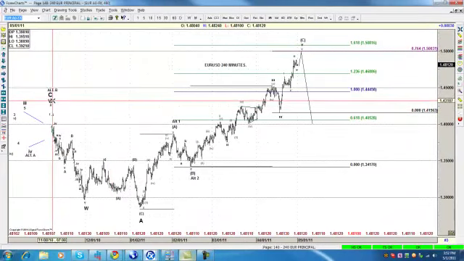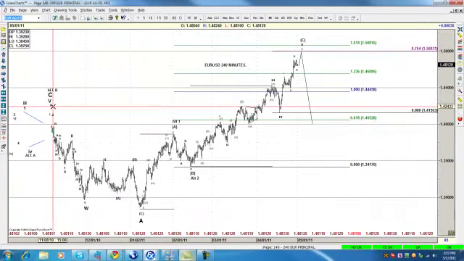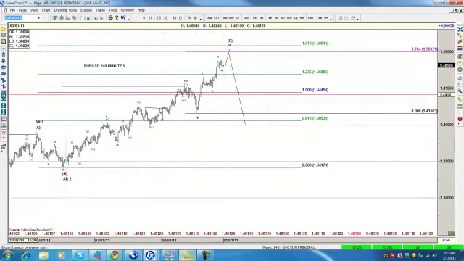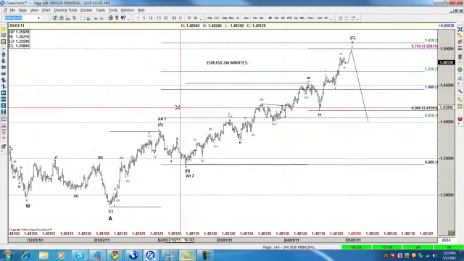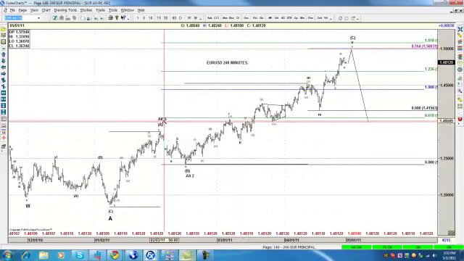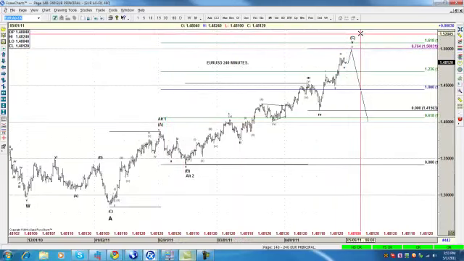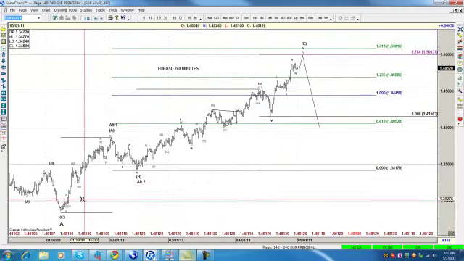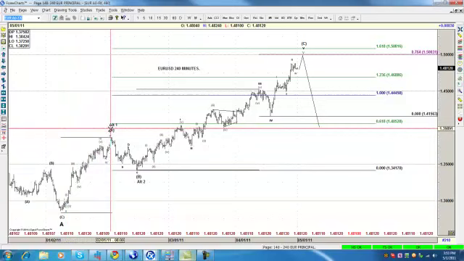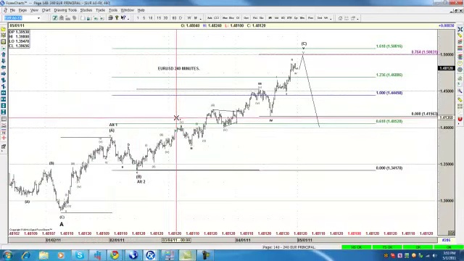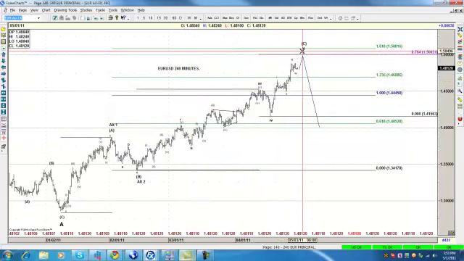This is how we're labeling this from here. So we can see it like this is either A, B, and C to end, or this is 1, 2, and 3 to end. Anyway, I believe that this structure is very clear here with a 5-wave move, a 3 waves back, and from here we can label 1, 2, 3, 4, and a 5.